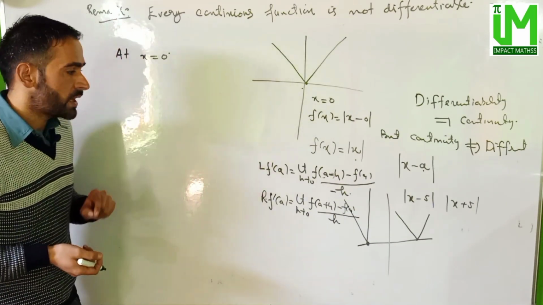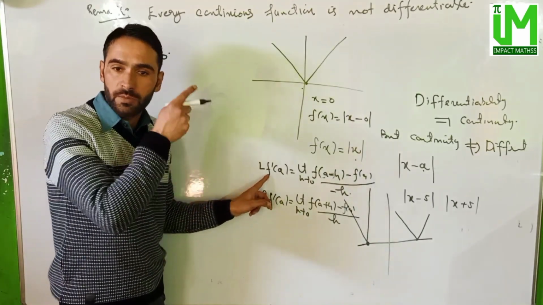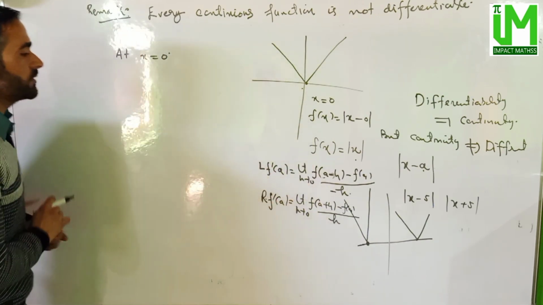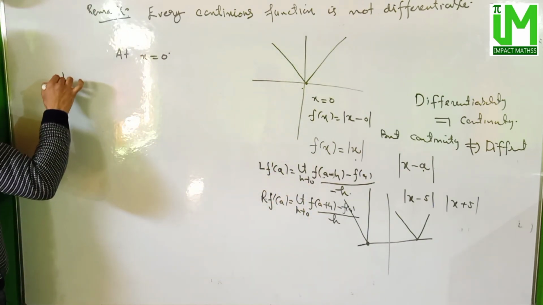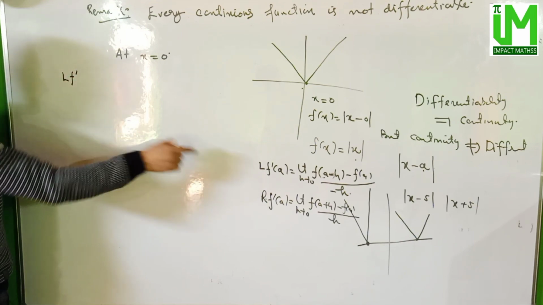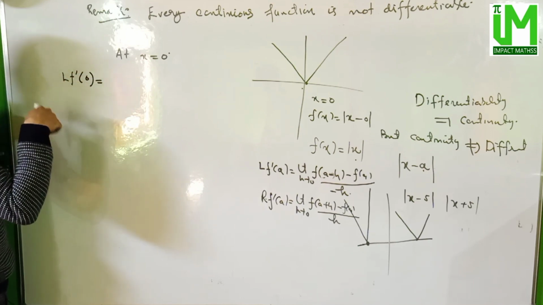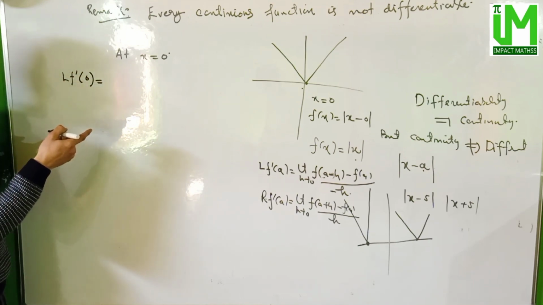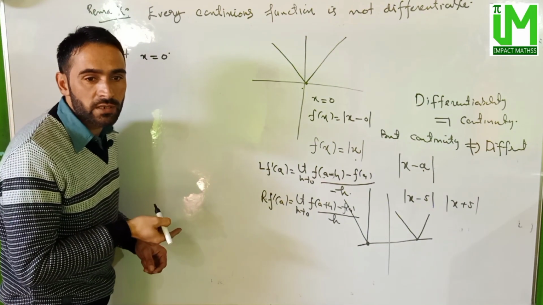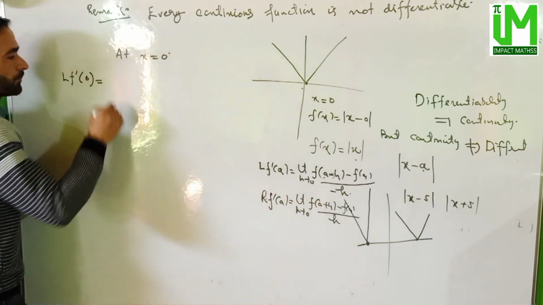Okay, so that means we have to check the left hand derivative of the modulus function at x is equal to 0. If we compute the left hand derivative, it will be L f dash of 0, which means the left hand derivative of the function at x is equal to 0, and the function is the modulus function f of x is equal to mod of x.